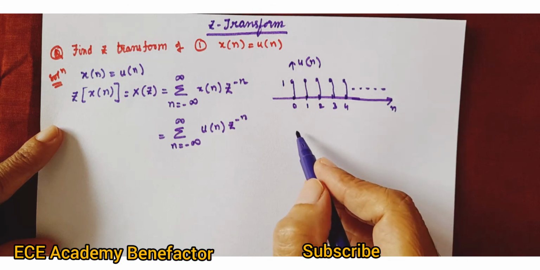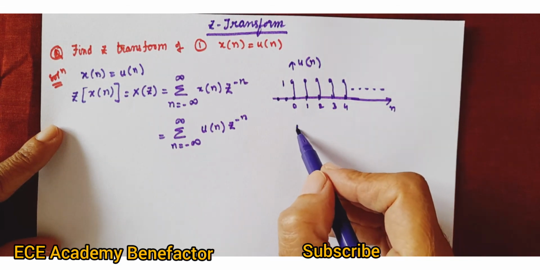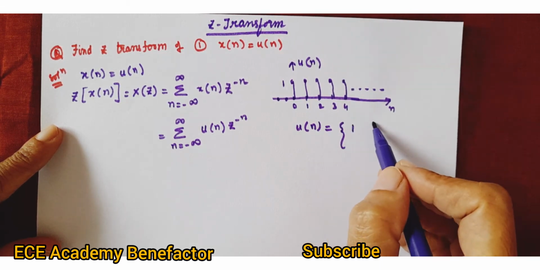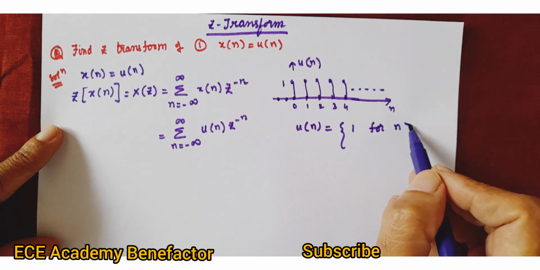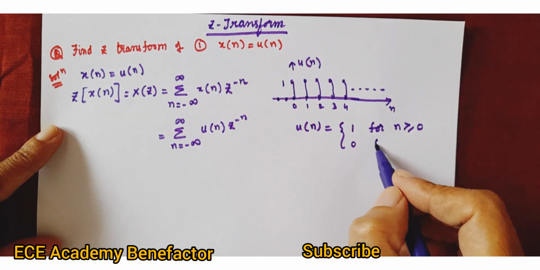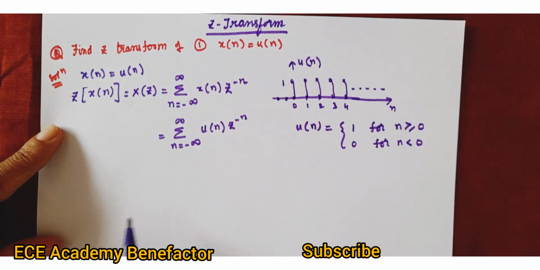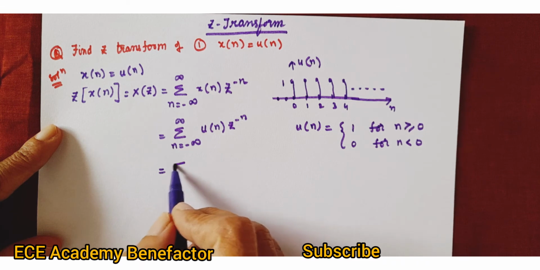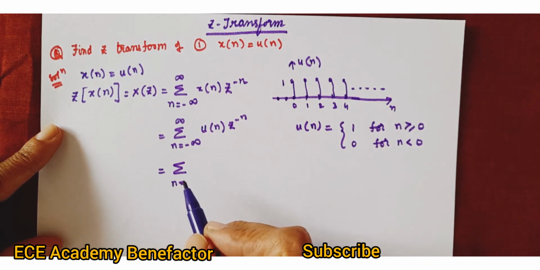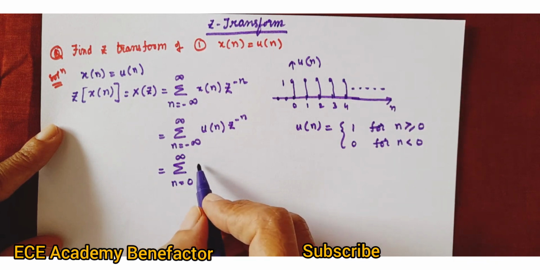What is the definition of u of n? At negative values it is 0. So, u of n is equal to 1 for n greater than or equal to 0 and is 0 for n less than 0. Okay, so we can change the summation, n is equal to 0 to infinity u of n.